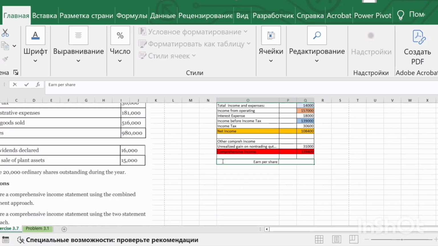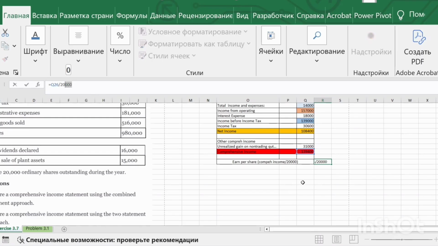It's the usual formula, just comprehensive income divided by the number of shares, 20,000, because we have this below the table. So it's divided by 6.19 thousand.